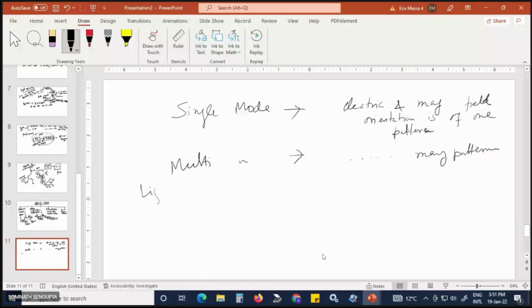Light propagation can be explained in two ways. One is through rays, another is through waves.